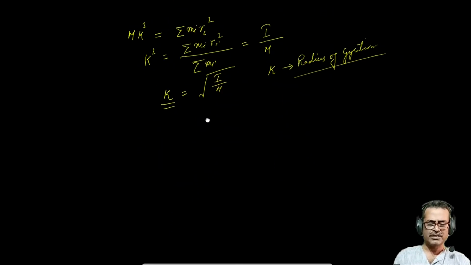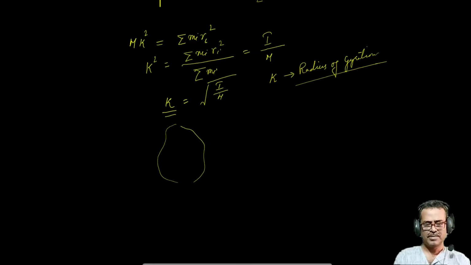Now, if the axis of rotation be the centroidal axis of the body, that means this is a centroid or center of mass, and the axis passes through this point, this is called the centroidal axis.